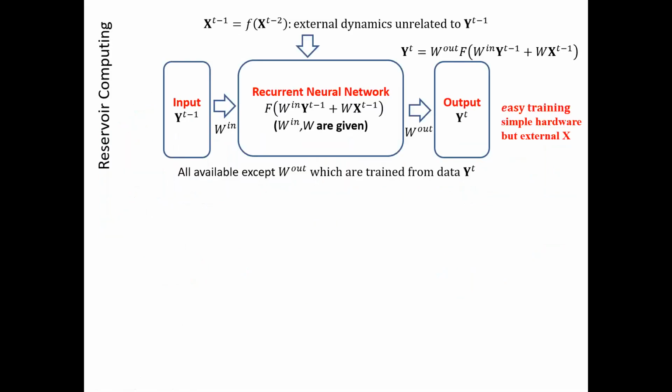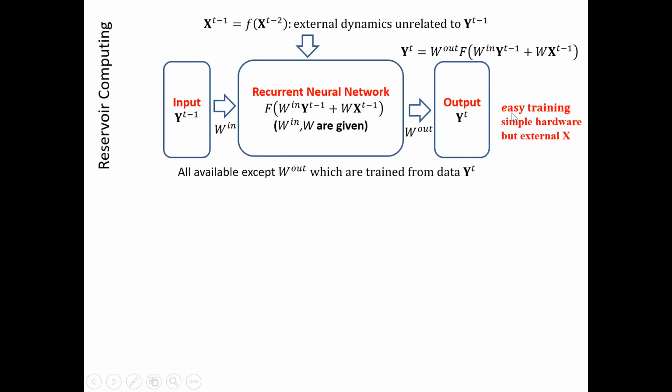If you are not familiar with reservoir computing, I can also show you. Reservoir computing is different from a traditional neural network. It uses external dynamics to stimulate the network, so it can predict the future.